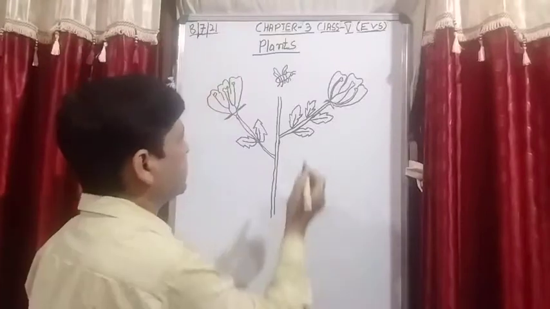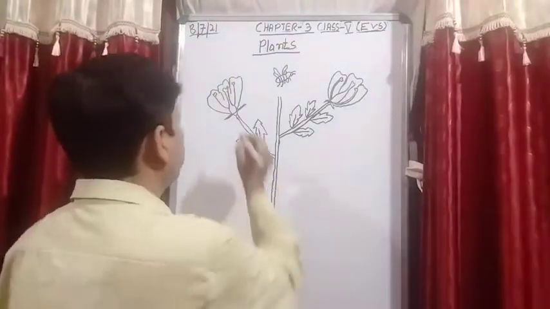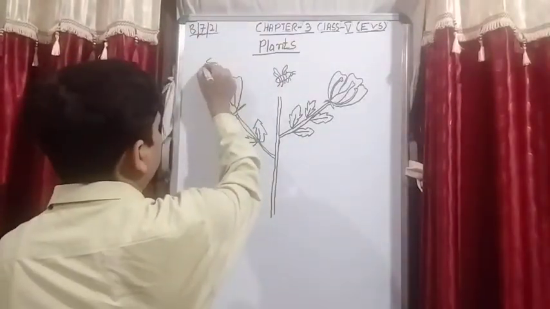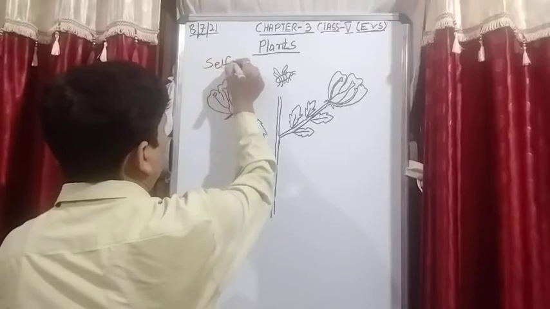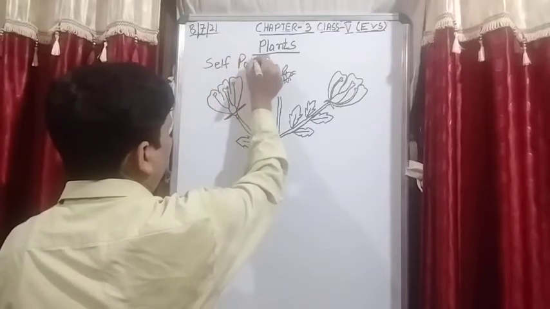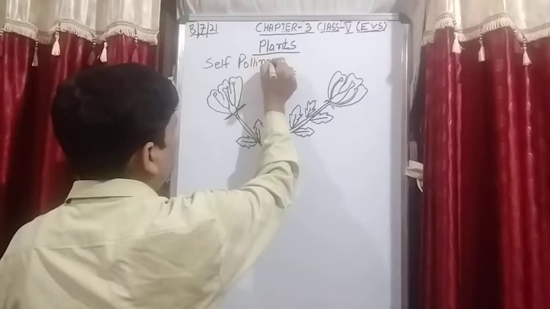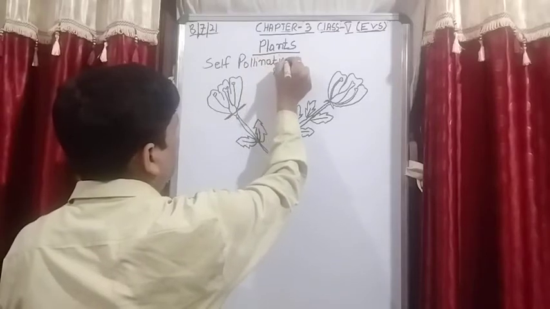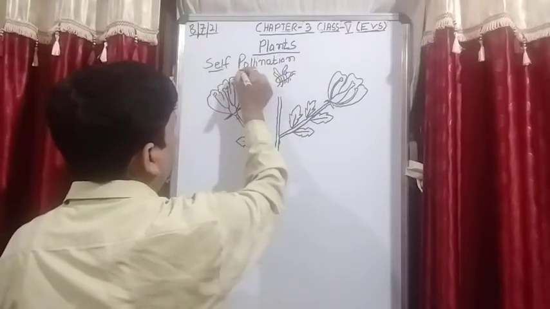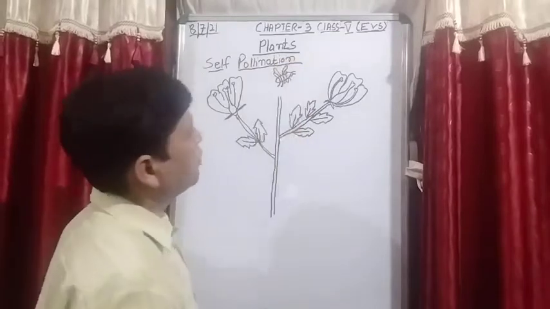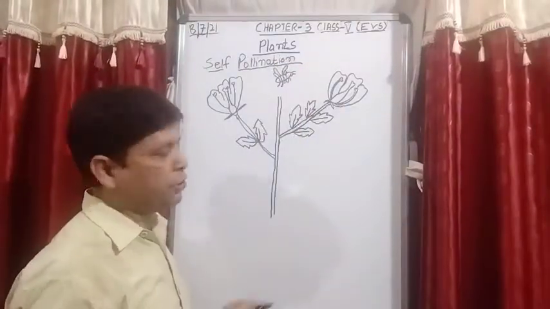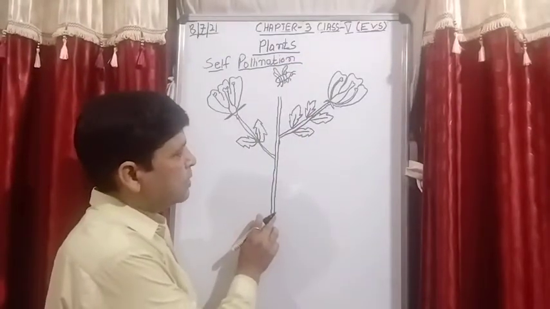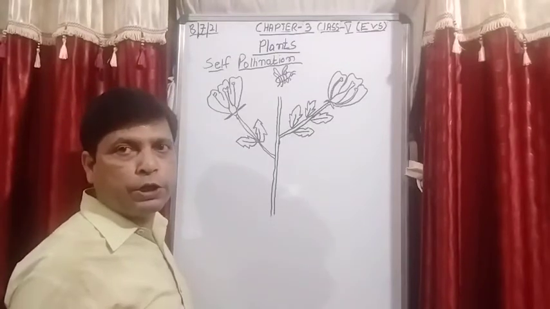First of all, I will explain self pollination. Now see what self pollination is. In the same plant you are able to see two flowers.